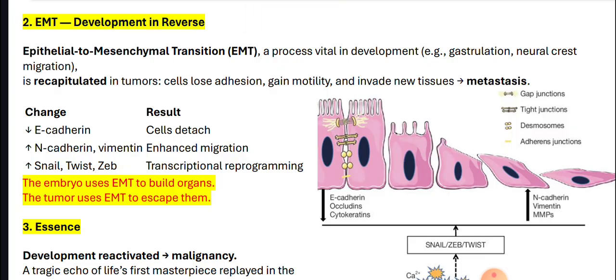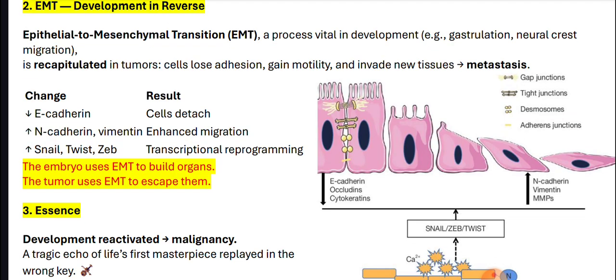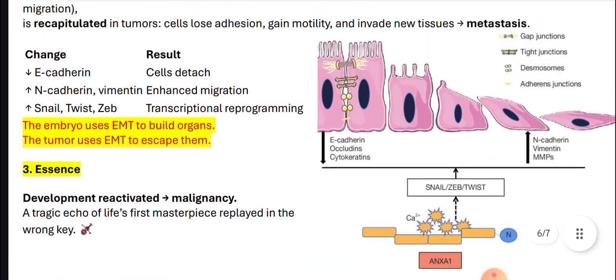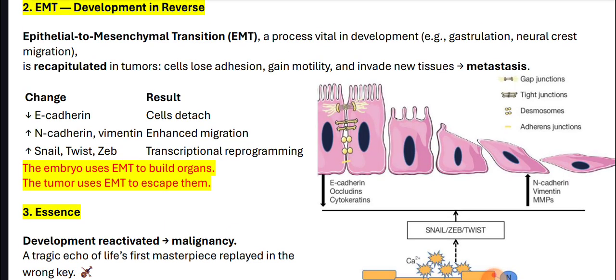And this EMT process is also linked to the idea of cancer stem cells, CSCs, isn't it? Very much so. EMT seems to be one way that cancer cells can acquire stem-like properties. The CSC model proposes that tumors are often hierarchically organized, much like normal tissues, with a small subpopulation of cells, the CSCs, that possess indefinite self-renewal capacity and are responsible for driving tumor growth, recurrence after therapy, and metastasis.